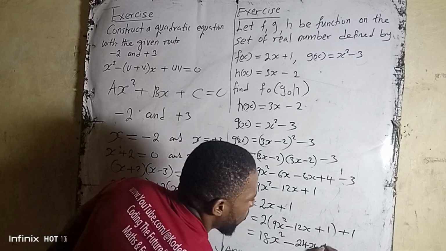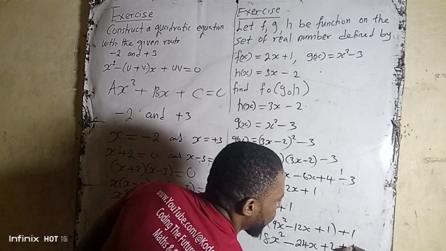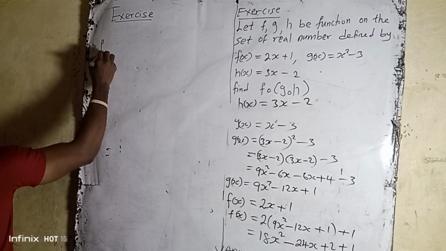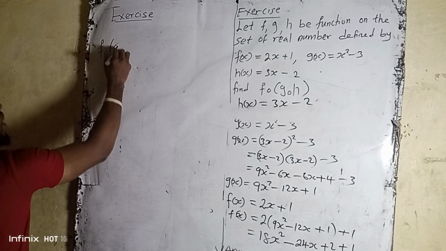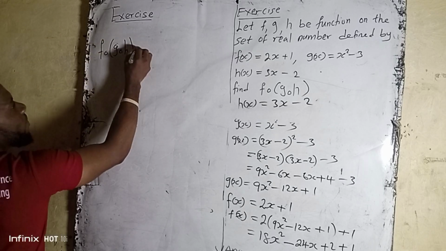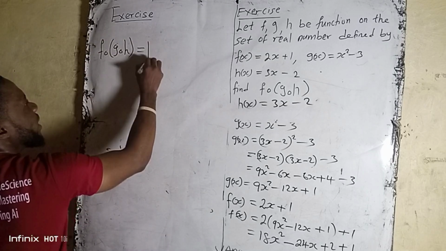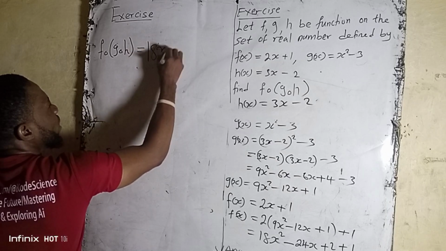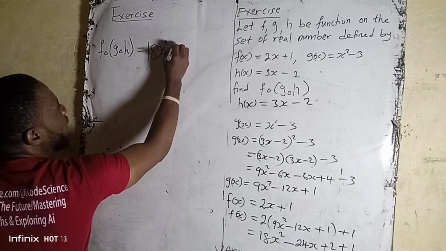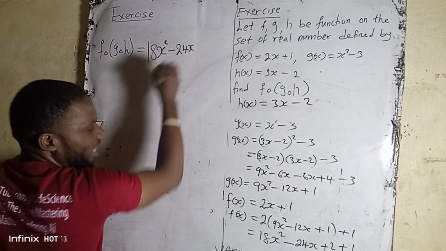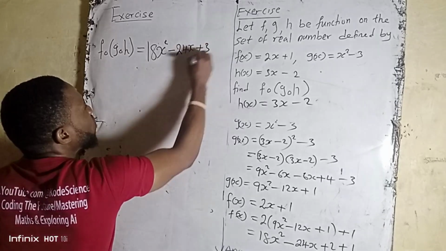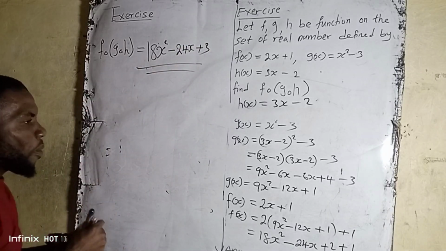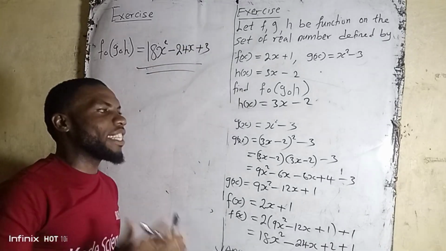Then here we have plus 2, then plus 1. And when we take f of g of h, finally it is 18x squared minus 24x plus 3. Final answer.